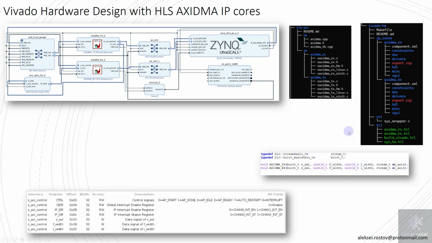So it's like a video frame: number of lines and number of samples per line. This is the register map for each IP core. It's quite basic. Here you can find control to run, stop, and restart, for example, the IP core. Also, there are three registers for interrupts.